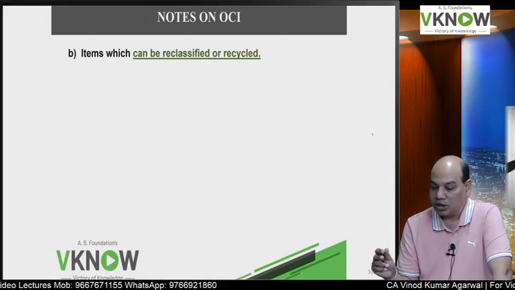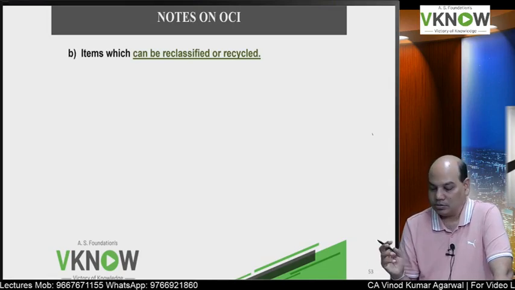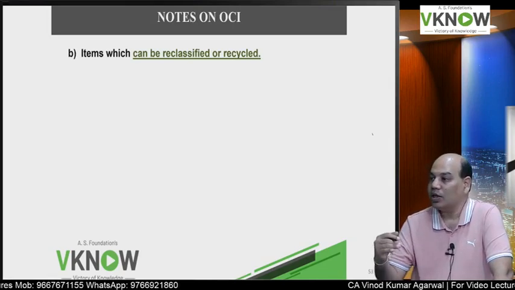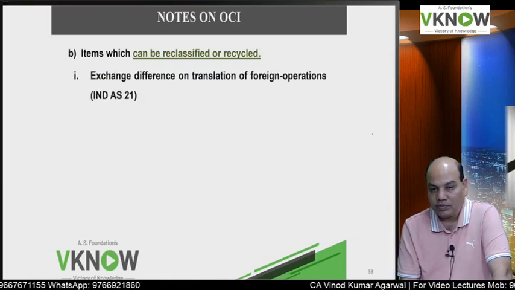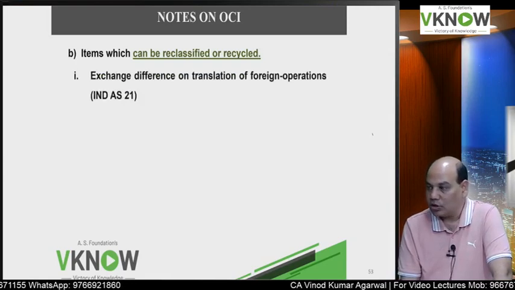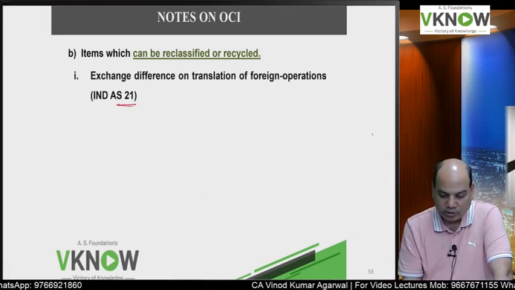Second type of OCI item is recyclable, or which will be reclassified to P&L account. What are the examples here? One is exchange difference on translation of foreign operation, covered by Ind AS 21.